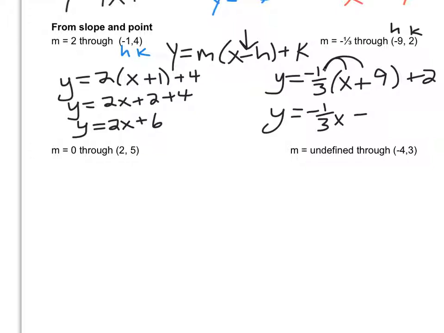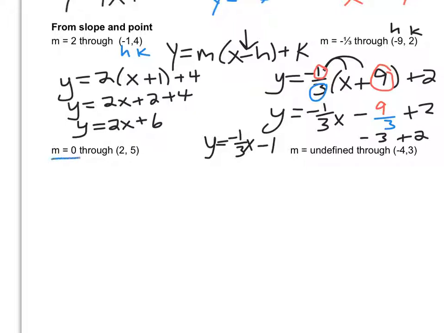Even though this one you might be able to do in your head, you do 1 times 9. You do the numerator times the number in your parentheses, and you put it over your original denominator. So that would be -3 plus 2. So my final answer is y equals -1/3 x minus 1.